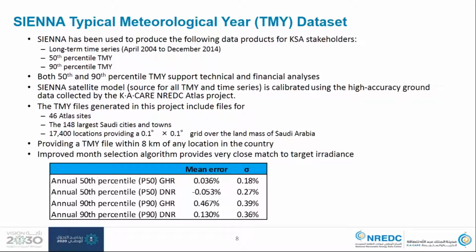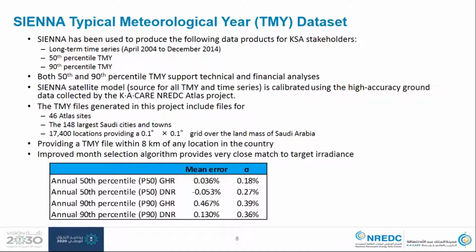We're somewhat behind in adding additional years to this because we don't have access to the necessary weather data. But from what we've got there, we have developed TMY files, and we've done both 50th percentile and 90th percentile TMY files.